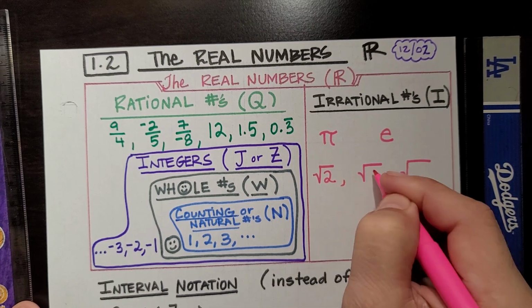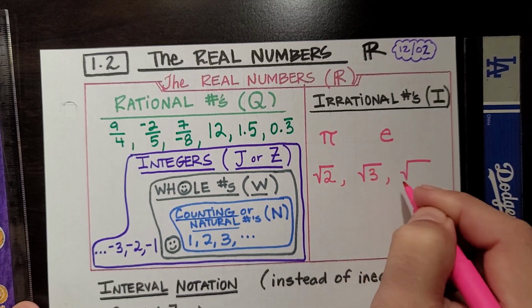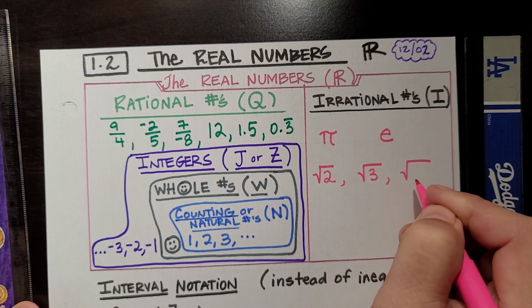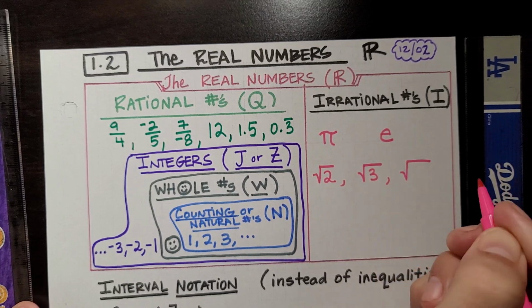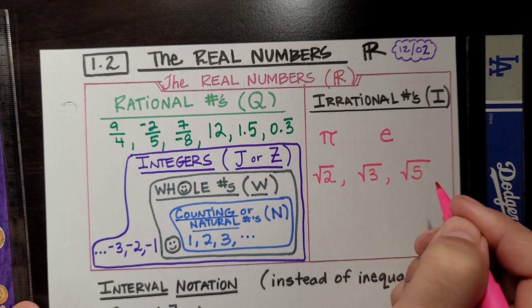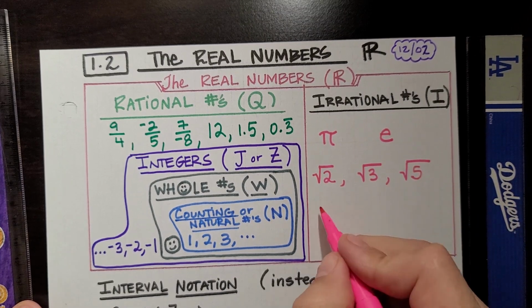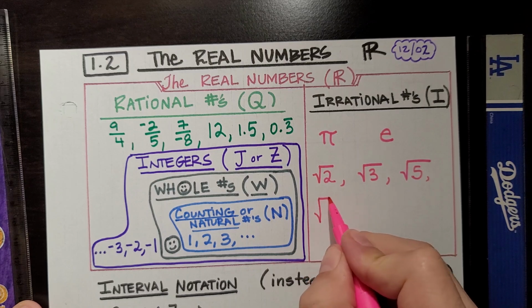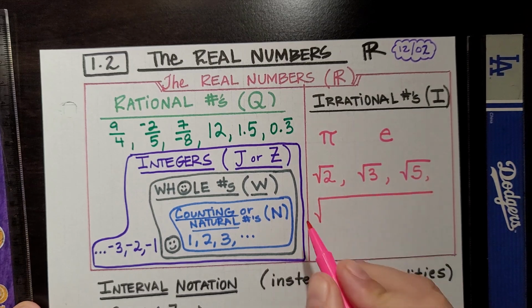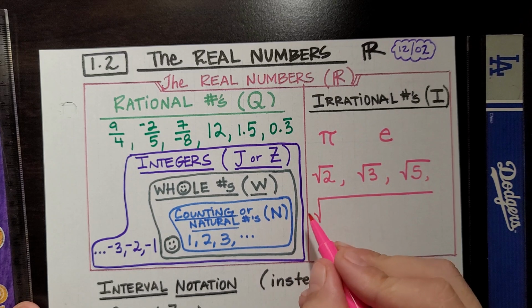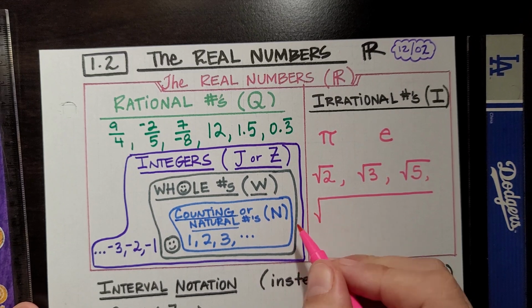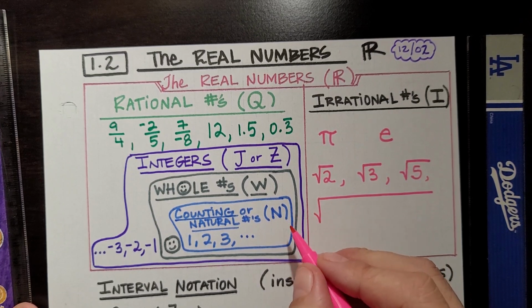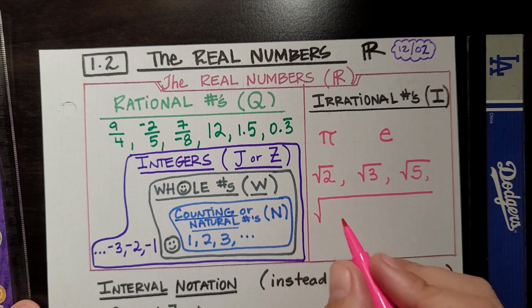I'll continue with radical 3. I will skip radical 4 because radical 4 is the same thing as the number 2. So if you see a pattern, if I'm dealing with square roots, it's going to be the square roots of any non-perfect squares. If I'm dealing with cube roots, it's going to be the cube root of non-perfect cubes. What is a perfect square?